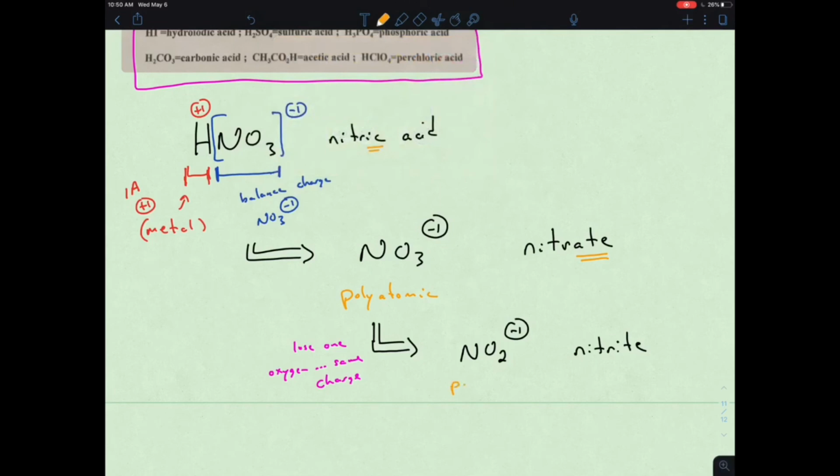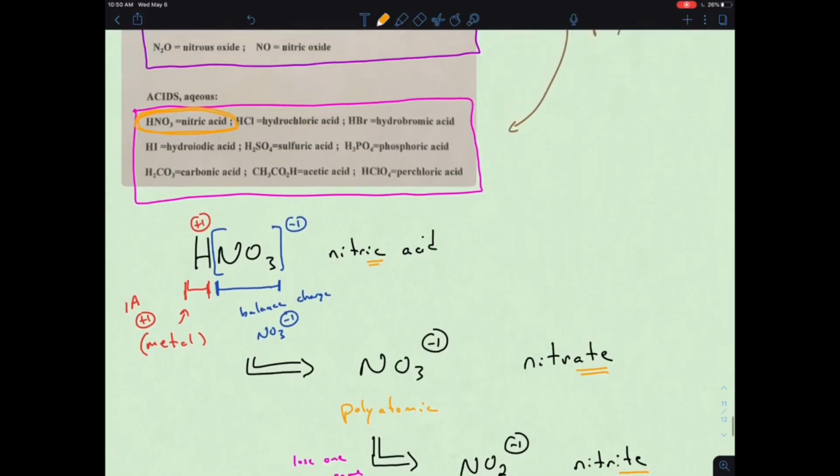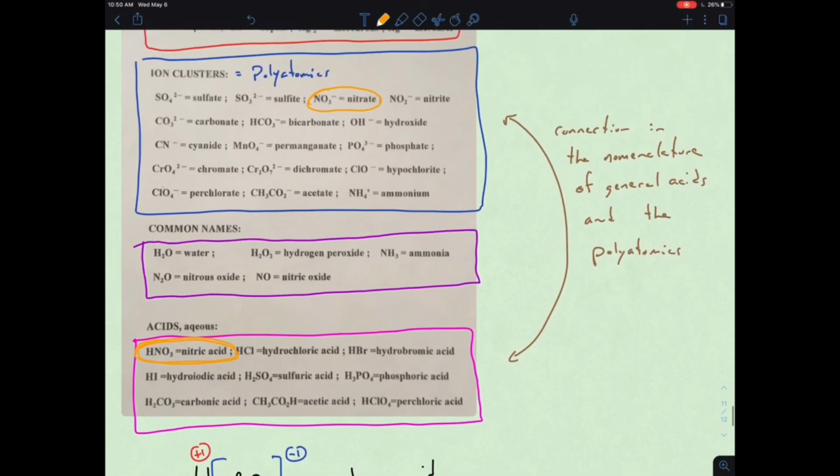Again, another polyatomic that I have. So if I go back up to that table, I find both of those right next to one another, the nitrate and the nitrite, which is a simple loss of an oxygen.